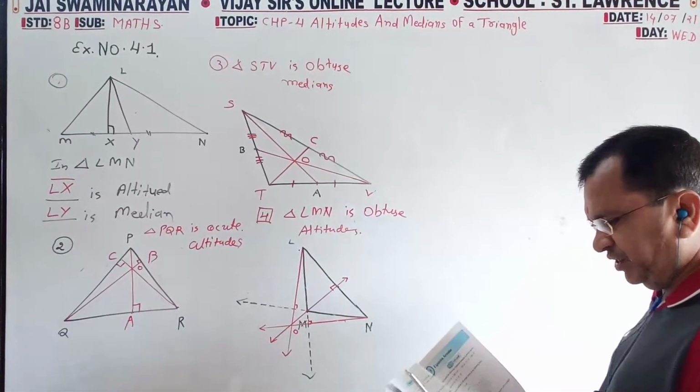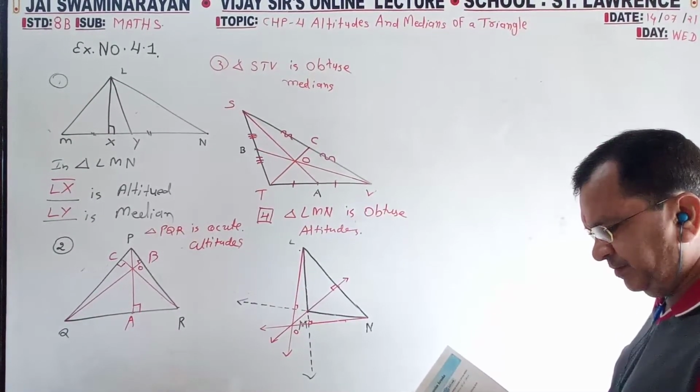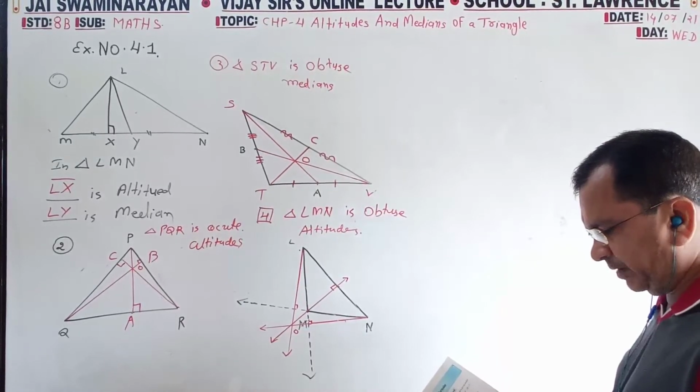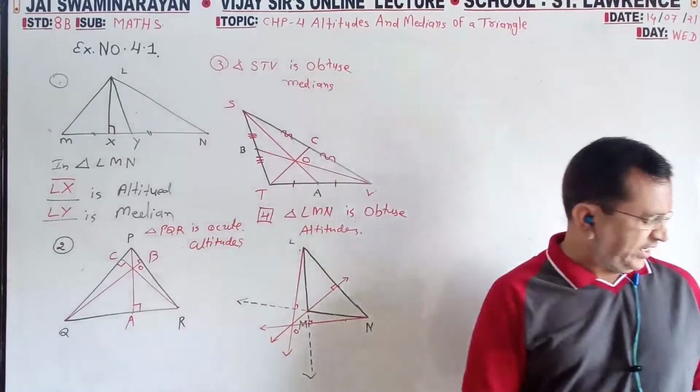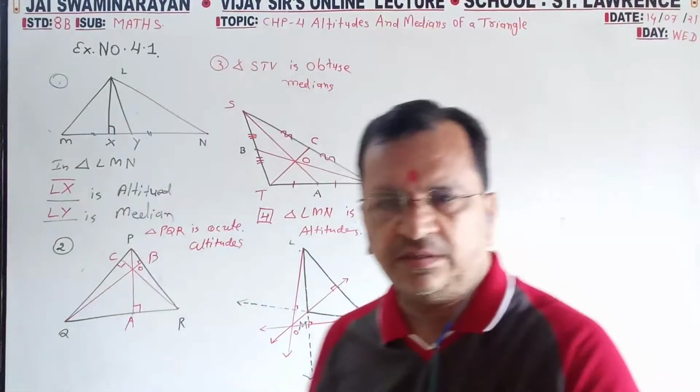Fourth, now fifth, draw right angle triangle. Median, show the points of. In right angle triangle, we have to draw median. X, Y, Z. Okay.